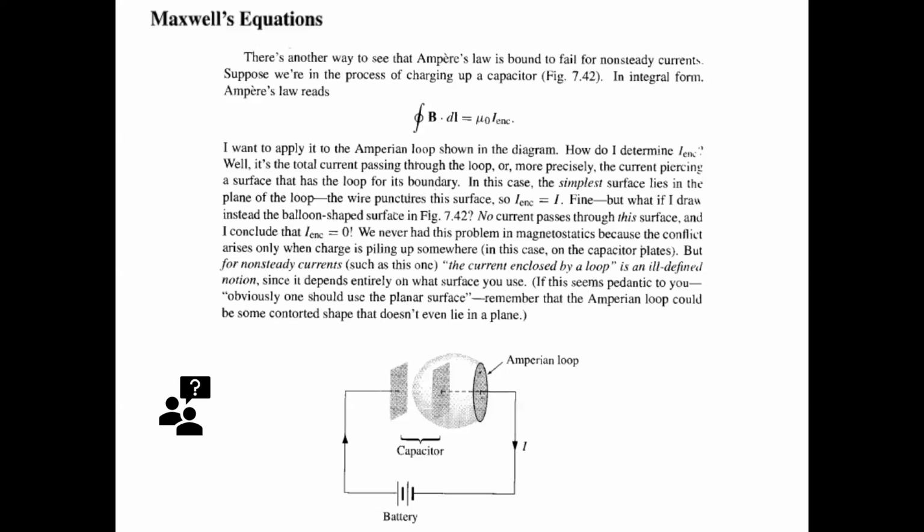We never had this problem in magnetostatics because the conflict arises only when charge is piling up somewhere, in this case on a capacitor plate. But for non-steady current, such as this one, the current enclosed by the loop is an ill-defined notion, since it depends entirely on the surface you use.